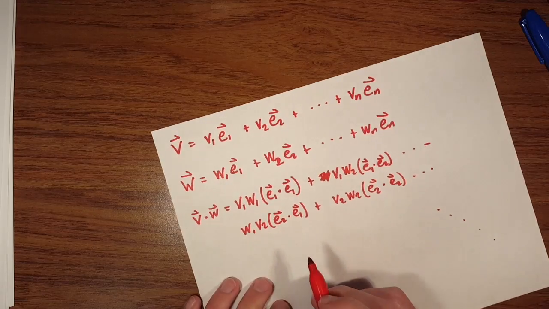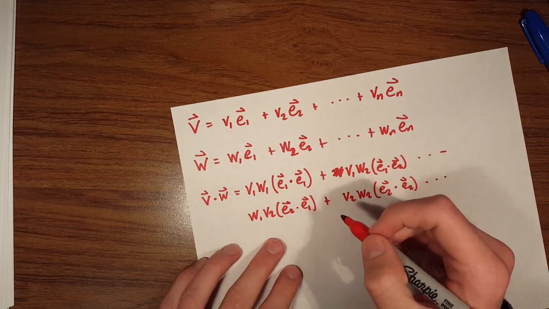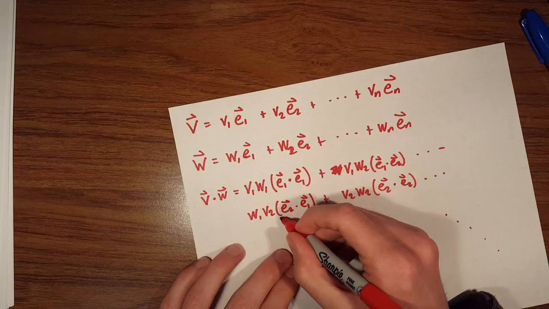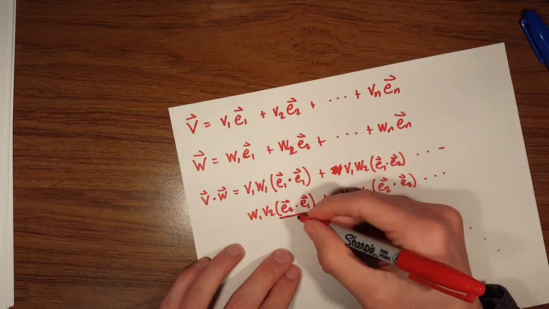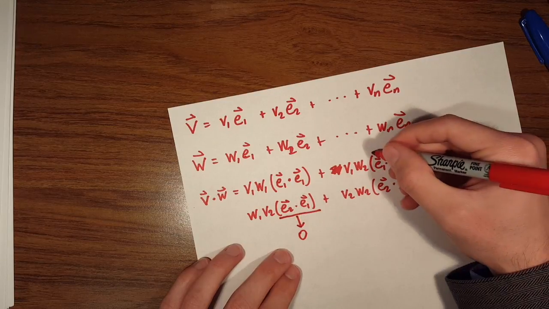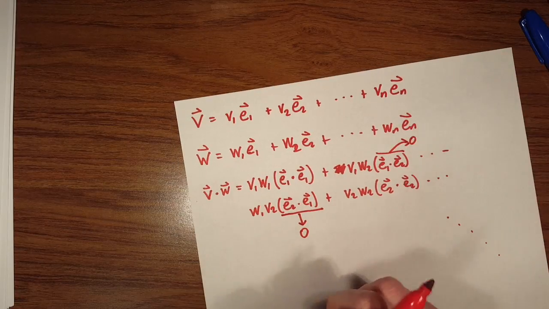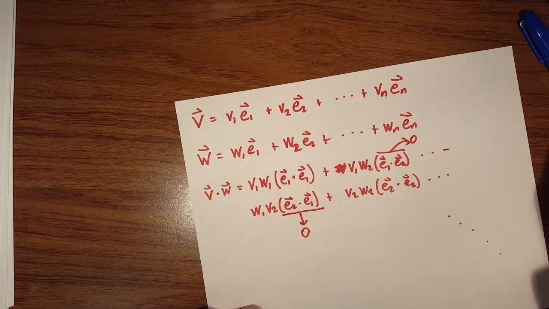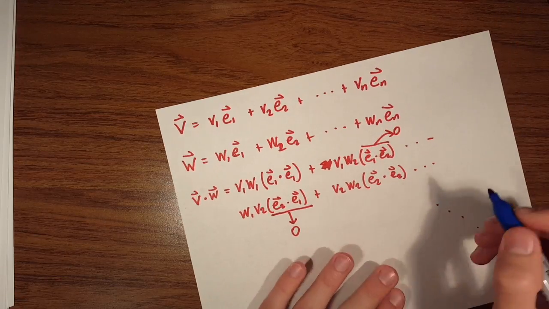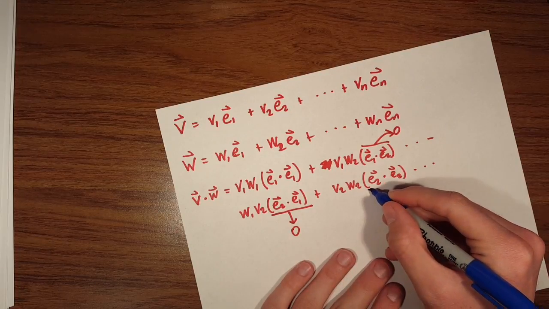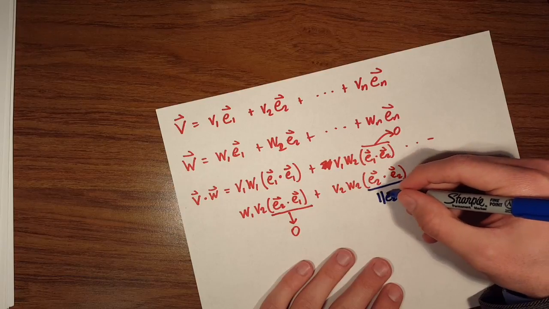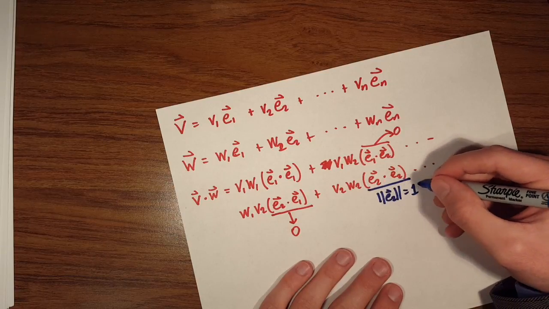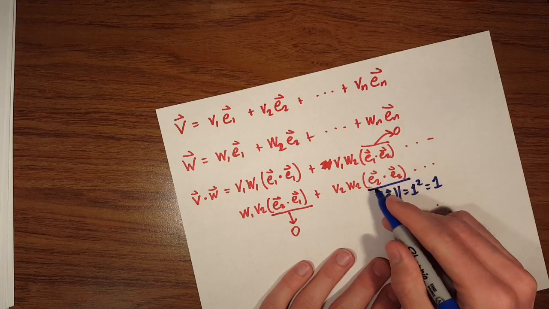but the fact that the basis vectors are orthonormal allows us to simplify this. The first property, the orthogonality property, means that all of these dot products where the basis vectors are not the same equal 0. Why? Because the basis vectors are orthogonal with each other. The second property, the normality property, means that the dot products of the basis vectors with themselves, which is, remember, the magnitude of the vector squared, is going to be 1 squared, which is 1, because the vectors are normal.